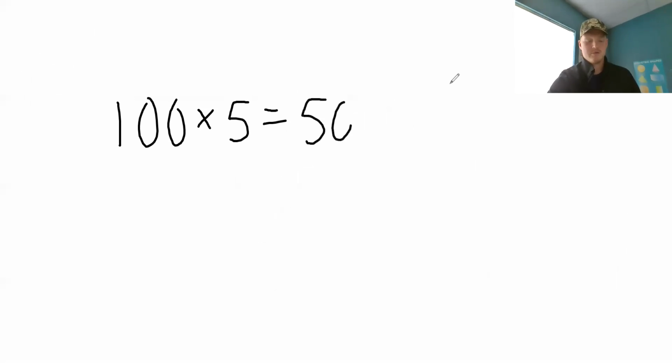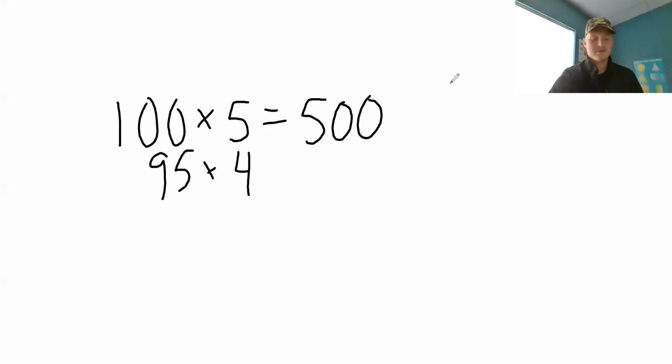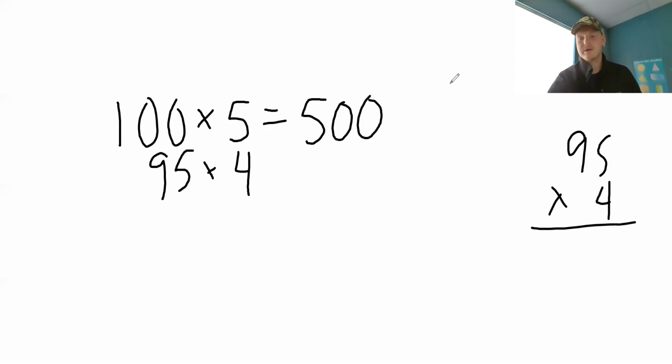500. And then 95, he scored a 95 on 4 of his tests. So 95 times 4. I can't do that in my head, so I'm going to multiply here. 5 times 4 is 20. 4 times 9 is going to be 36 plus 2 is 38. So 380.